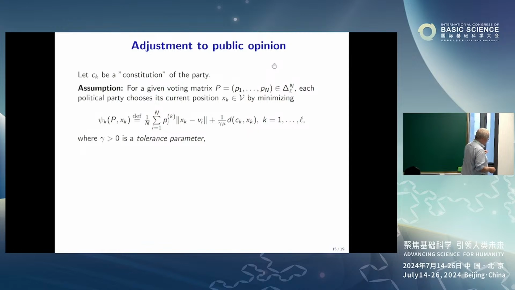This is paired somehow with the volatility. When gamma equals 0, the position is always equal to the initial one. This is the model.